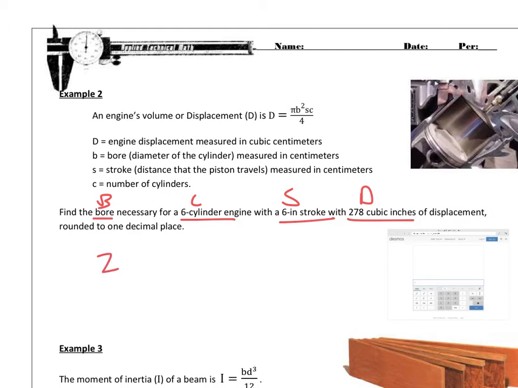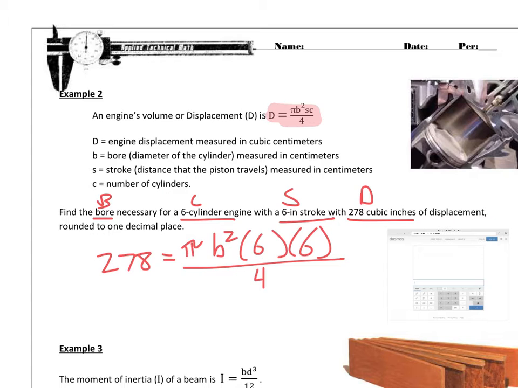We've got 278 going in for D. We're using this formula here now. 278 equals pi times the bore, which we don't know, B squared, times S, which is 6, times C, which is 6, all over 4.